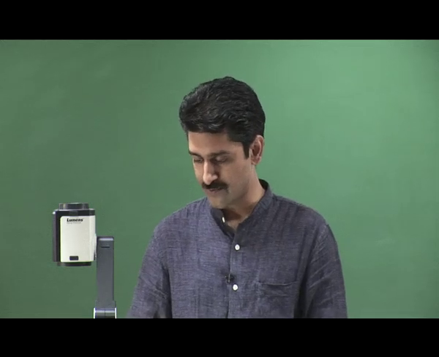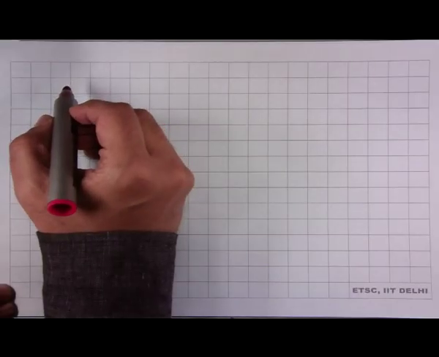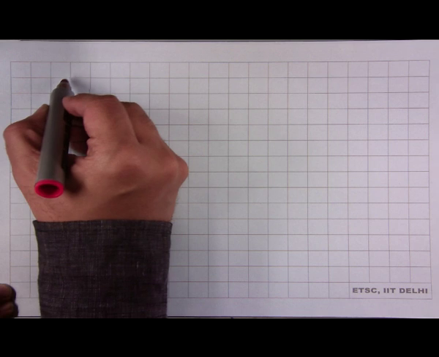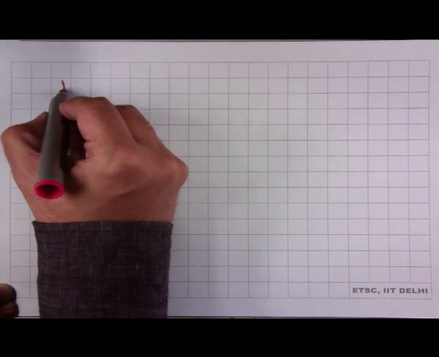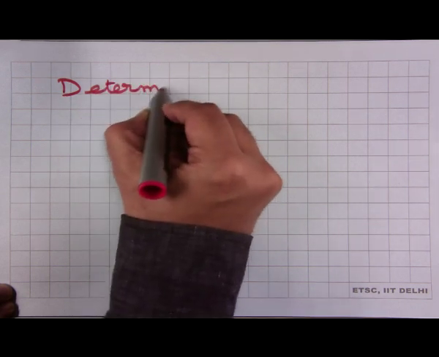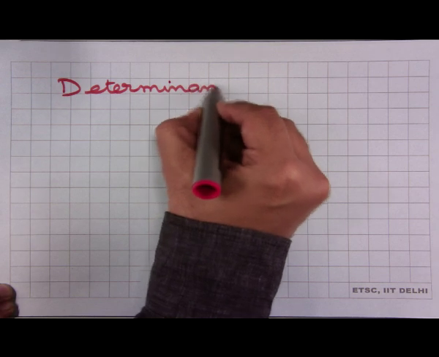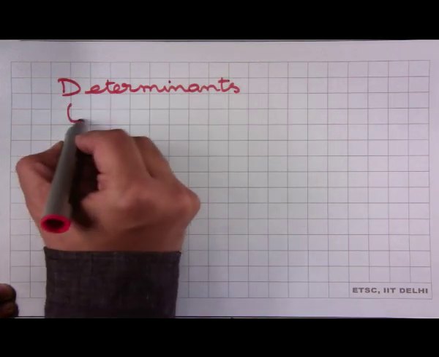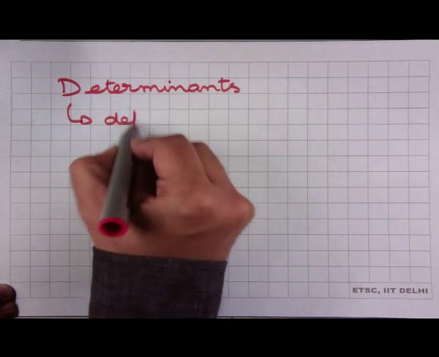All right. So, this is a good point to summarize what we have done in this lecture. We have talked about determinants, and we talked about defining a determinant.